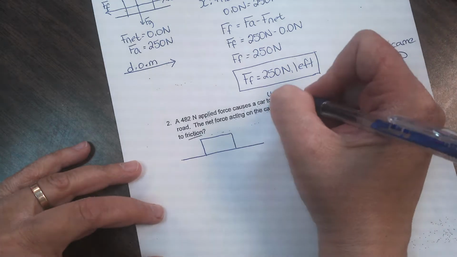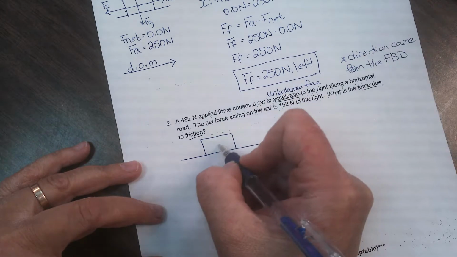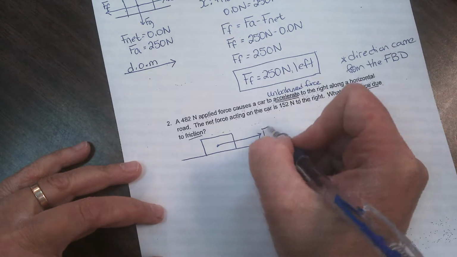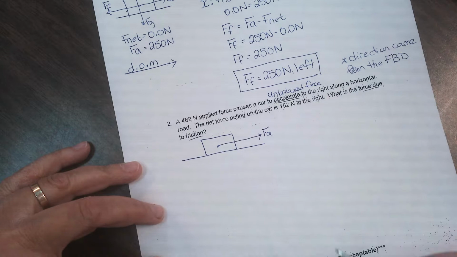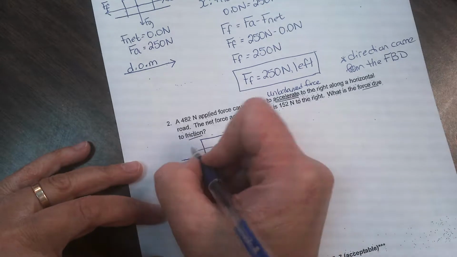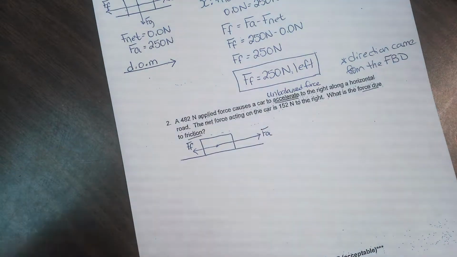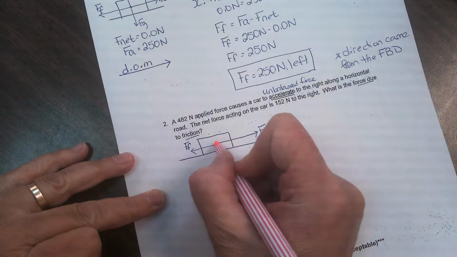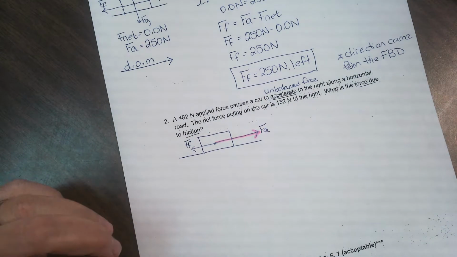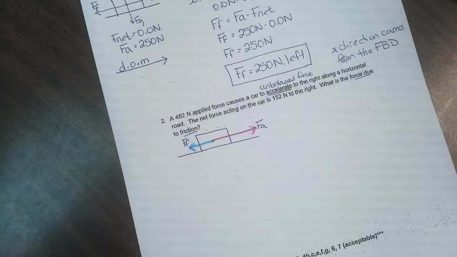This means that there's an unbalanced force to the right, so it's going to go this way. And because it's accelerating, we can indicate that it's unbalanced because force applied has this really nice long vector, whereas force of friction has a much smaller vector.